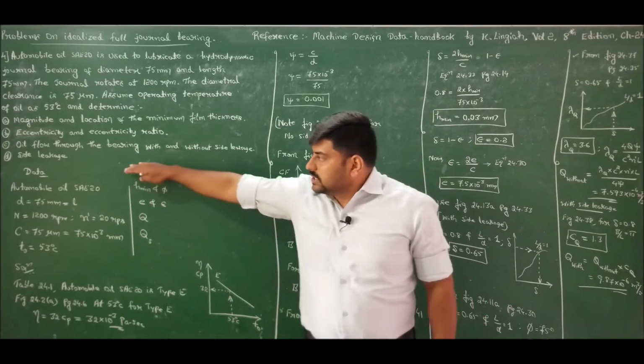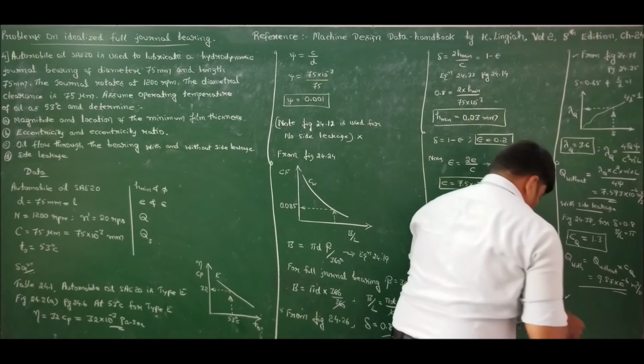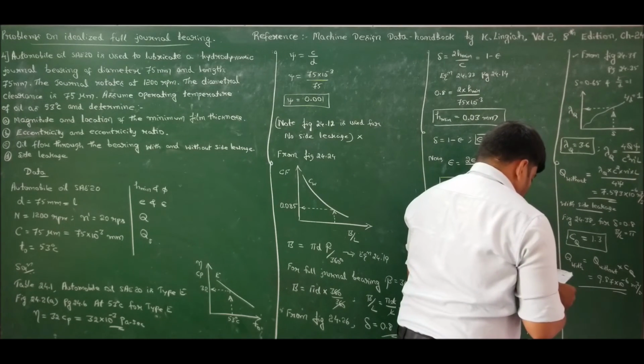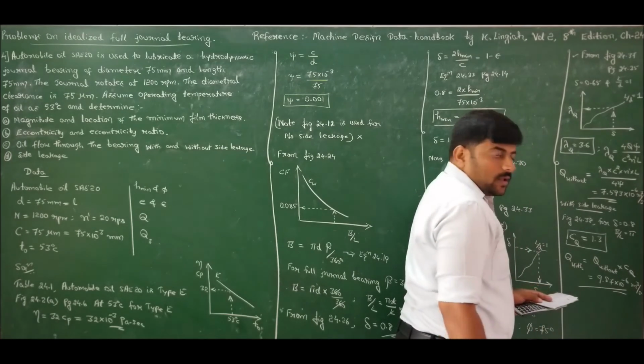Now moving to the amount of side leakage, the final point. To find the amount of side leakage, I have to find the ratio of side leakage to oil flow rate.